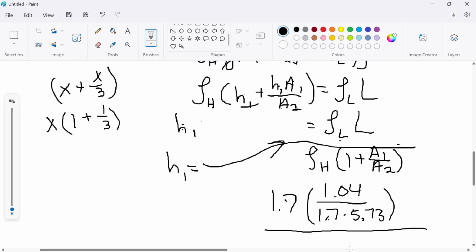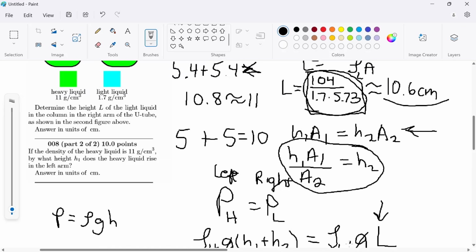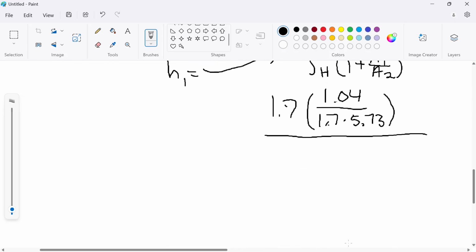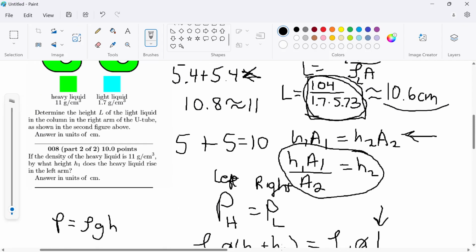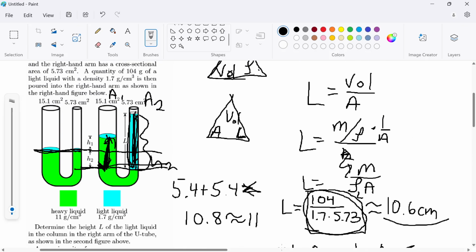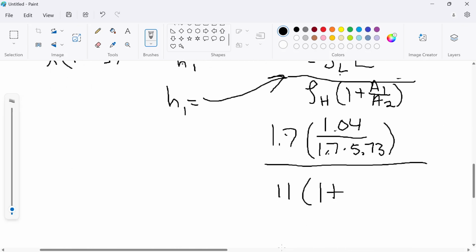And then the density of the heavy liquid is 11 times 1 plus A1 over A2. What is A1? 15.1 and 5.73, so 15.1 divided by 5.73. All right, so now I'm going to put that all in.